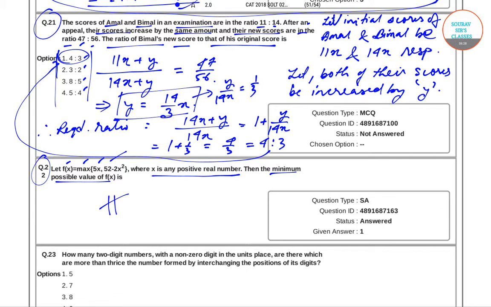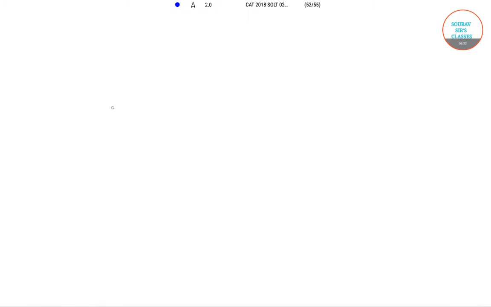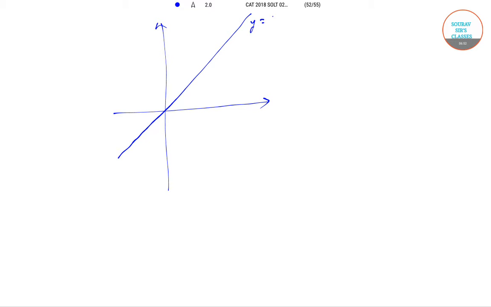Let me insert a new page and start with it. So for this, let us draw the graph. If this is the x-axis and this is the y-axis, the line y equal to 5x would look somewhat like this. It would be a straight line passing through the origin. So this is y equal to 5x.